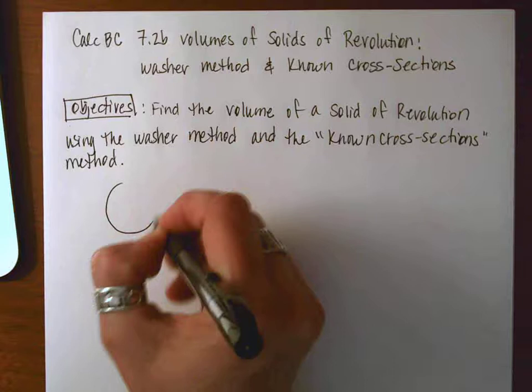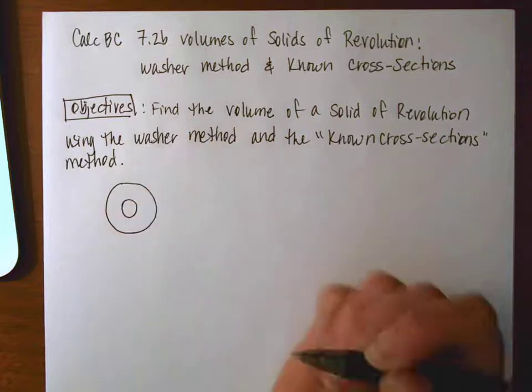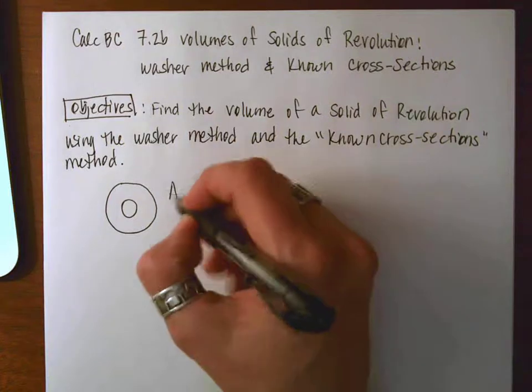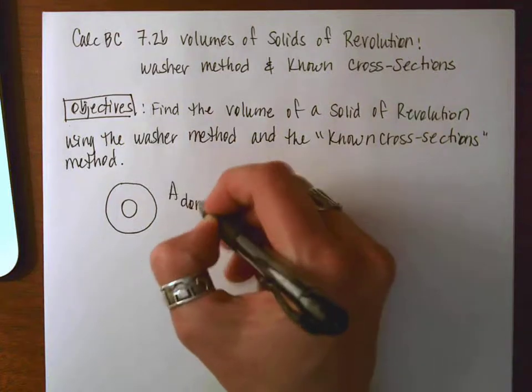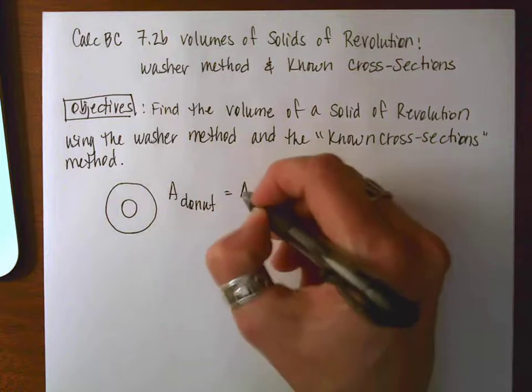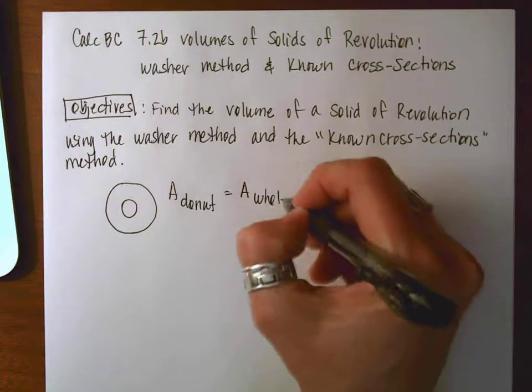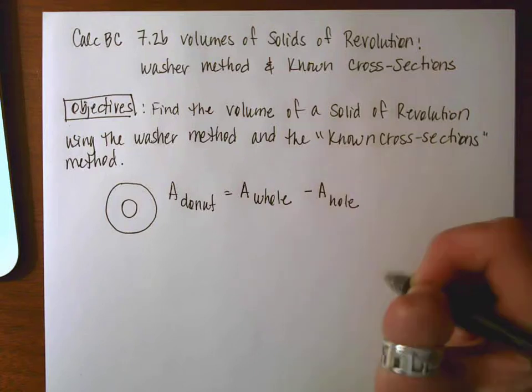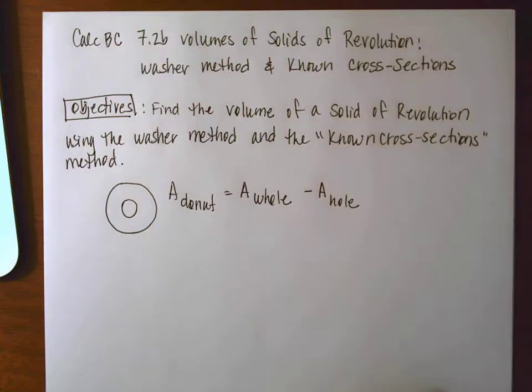But if I have a donut, and I want to calculate the area of the donut, then the area of the donut is going to be the area of the whole minus the area of the whole. Alrighty? So that is a very important thing to think about when we are revolving our solids about an axis.